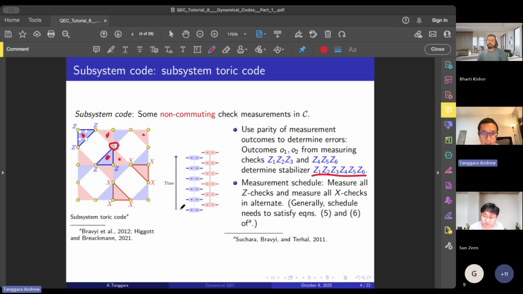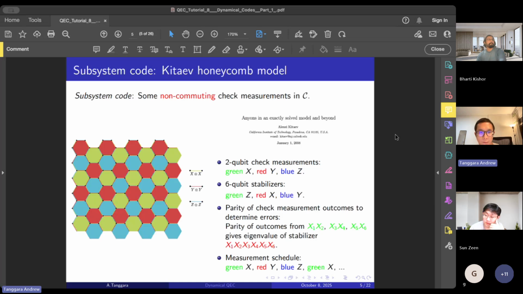So here I measure Z, and then I measure X. When I say I measure Z, I mean that I measure all these 3-qubit Z check measurements. If I take the product of the outcomes of this 3-qubit Z and this 3-qubit Z, I get the outcome of this big 6-qubit Z measurement. So that's what you need to do for error correction in subsystem codes, which Derek probably covered last week and the week before.